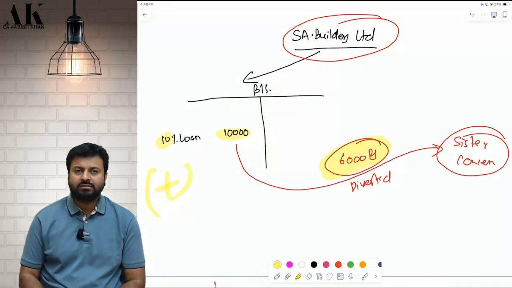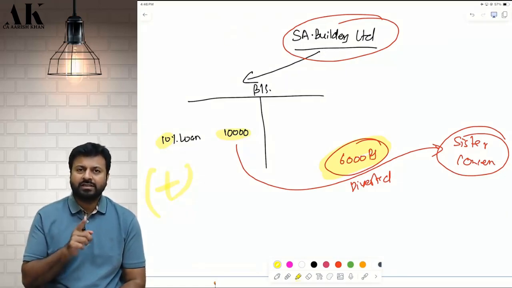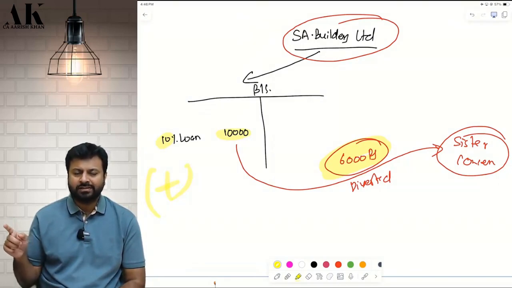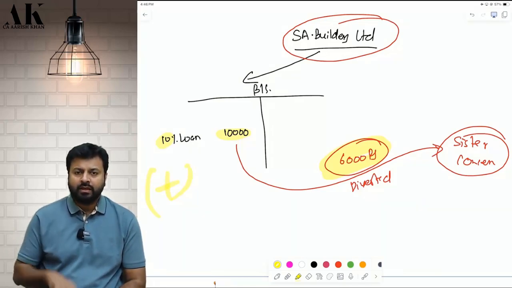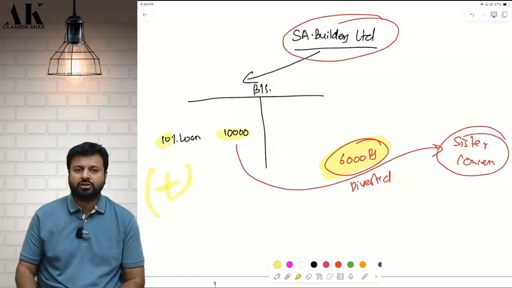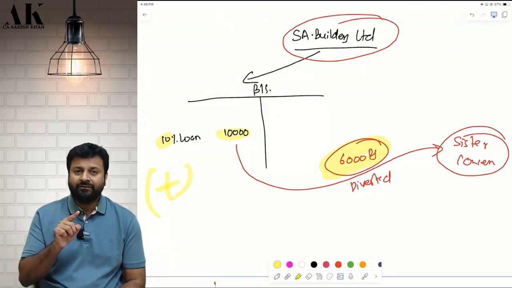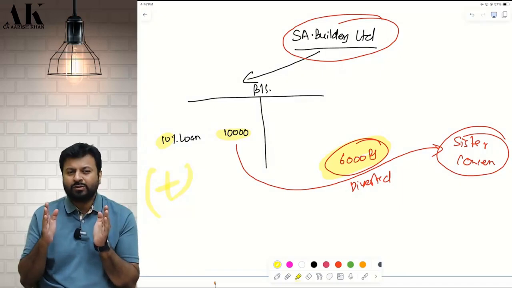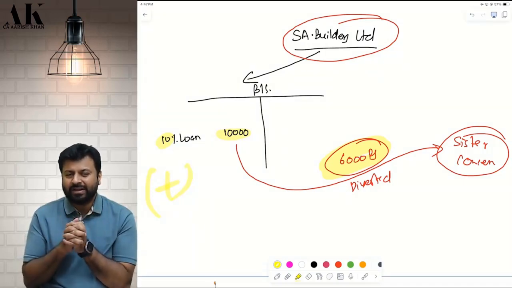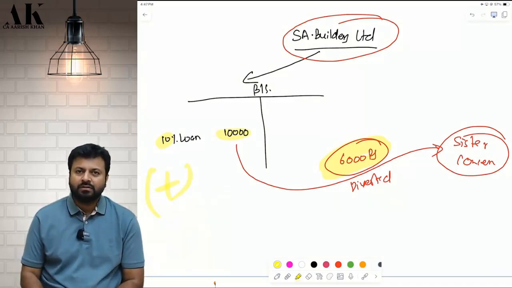You cannot measure everyone with one yardstick. You cannot say that just because the assessee has diverted 6,000 rupees to a sister concern, the assessee's intention is to evade tax. You have to check the commercial expediency of the transaction, why this transaction is done. You have to check whether the sister concern is using the money for personal purposes or for business and profession, and how closely the assessee and sister concern are connected.